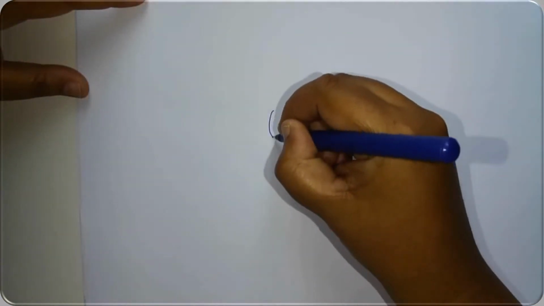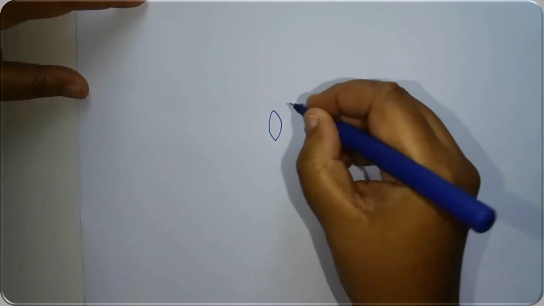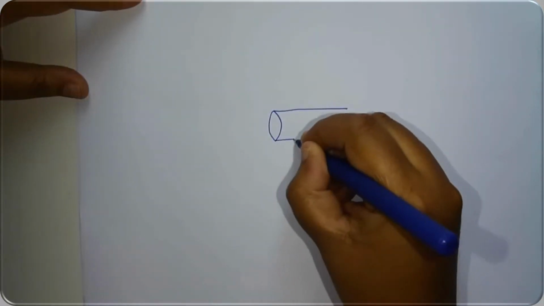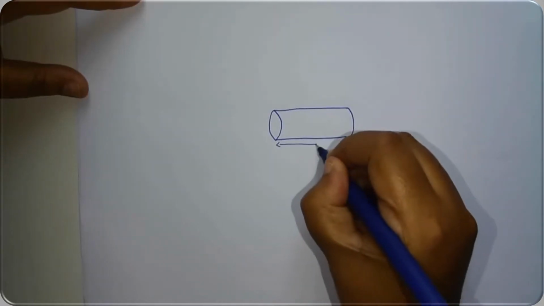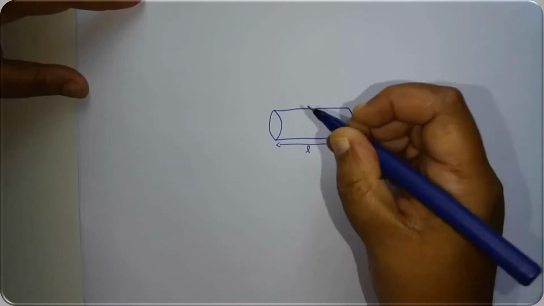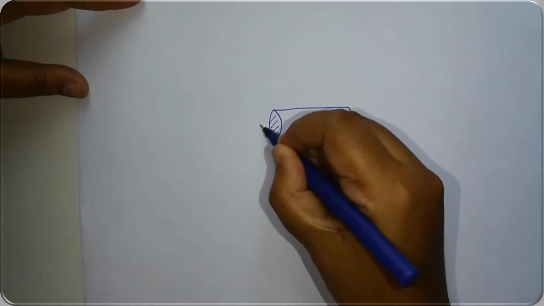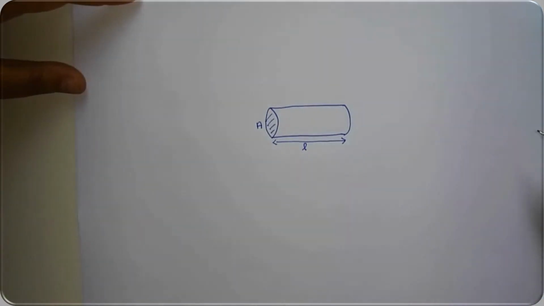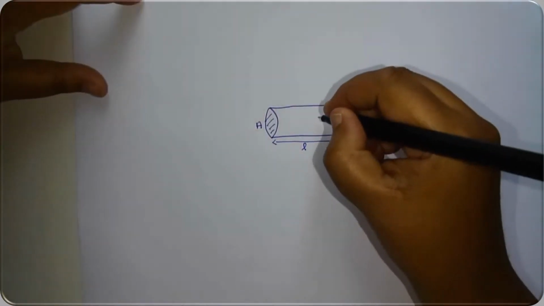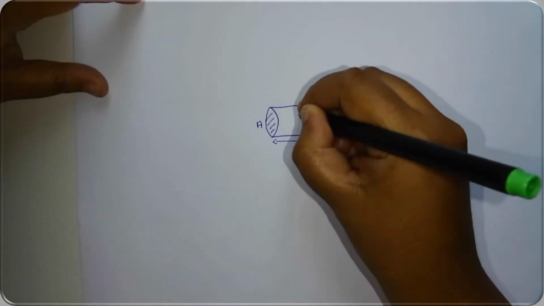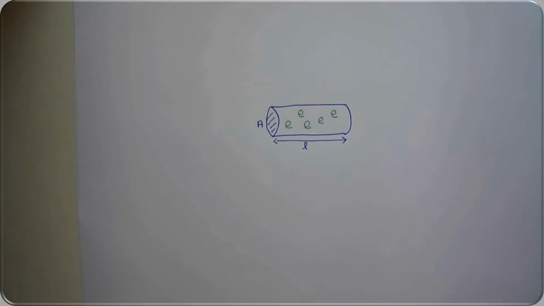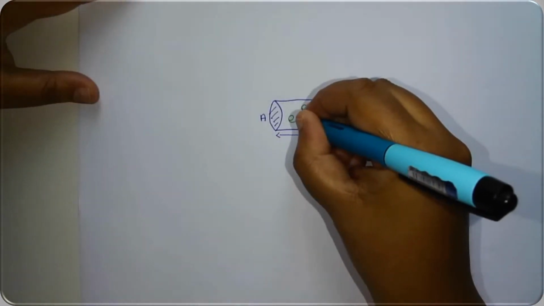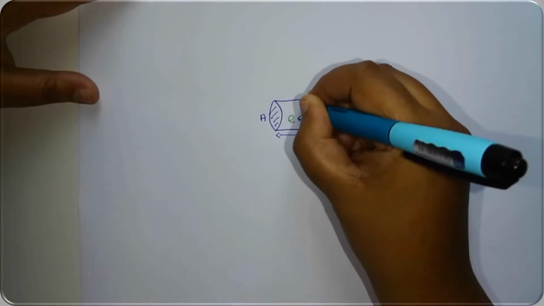I have a conductor, class, area A, length L. This is the length L. This is the area A. This conductor has free electrons, and they are moving with the drift velocity v in this direction.